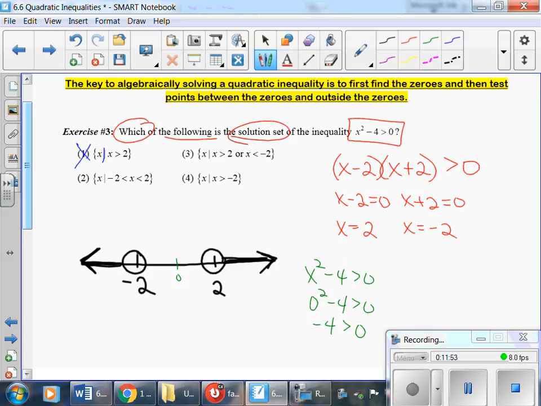Choice 2 says that x is sandwiched between negative 2 and 2. That is definitely not what we decided it was. And choice 4, greater than negative 2, of course it's not. Then our answer is going to be choice 3: x such that x is greater than 2, that's this piece right here, or x is less than negative 2, that's this piece here. So there's our correct answer.